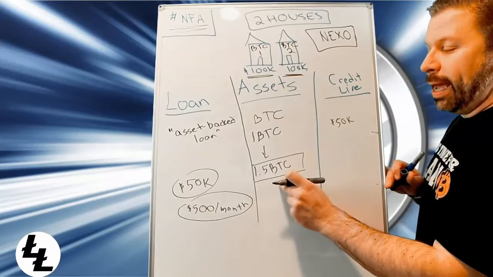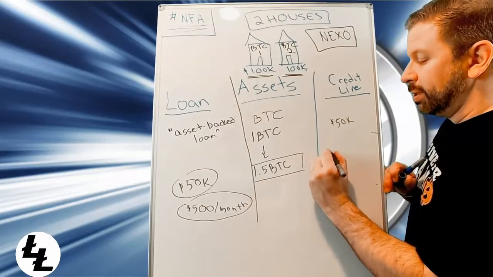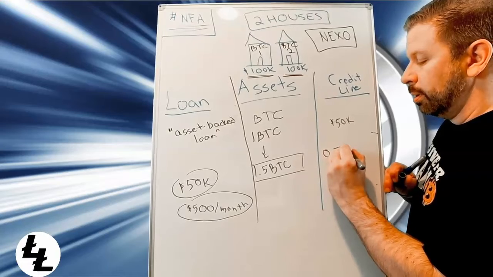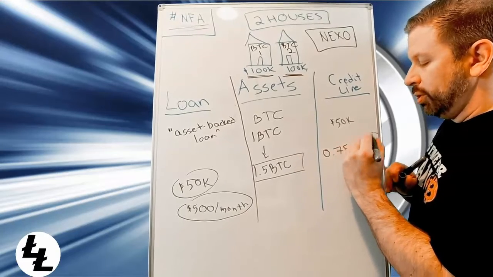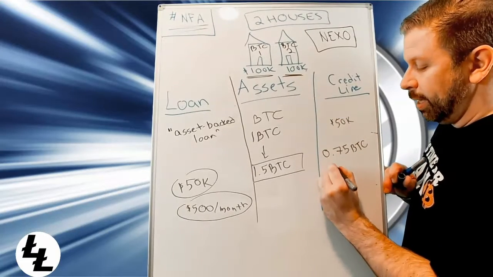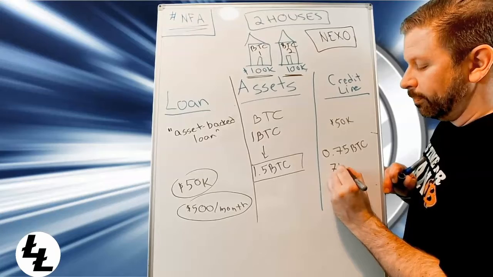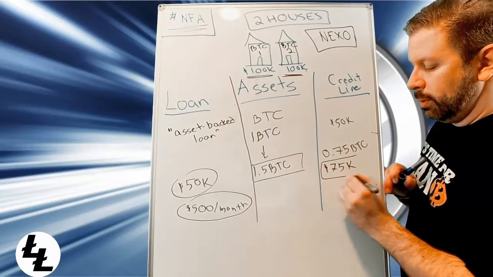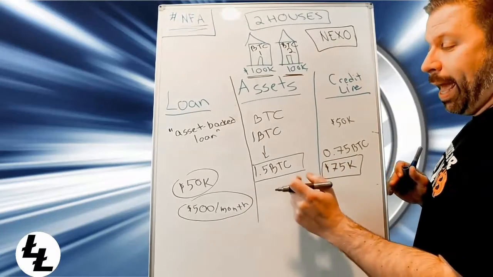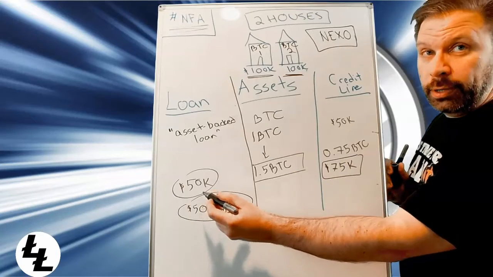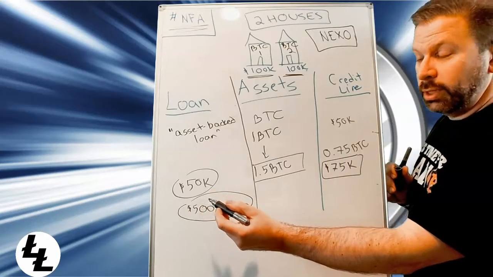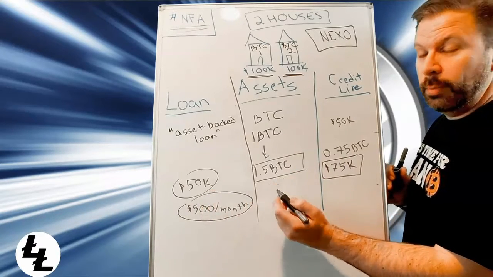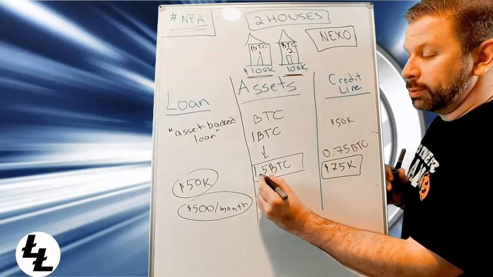So 50% of my assets is 0.75 Bitcoin, which in this example is $75,000 in value. Okay, so I have a liability of $50,000 loan because that's what I used to buy the other half of Bitcoin. But I now have 1.5 Bitcoins.